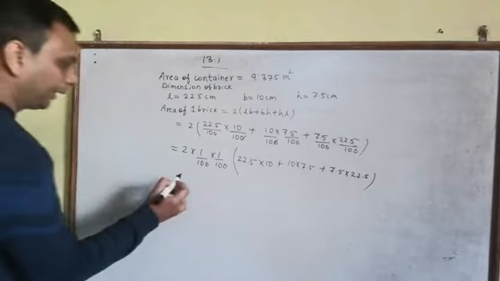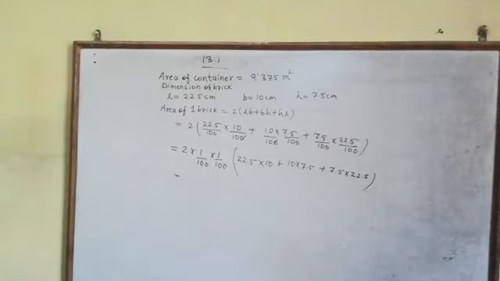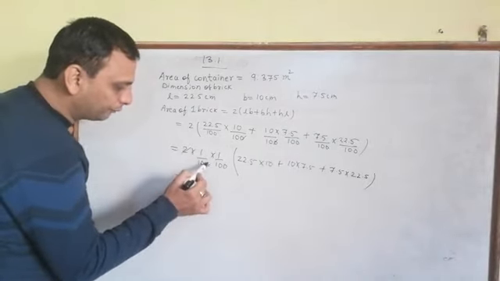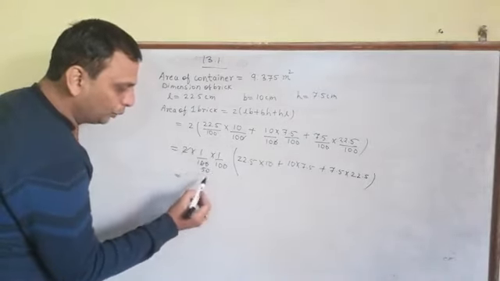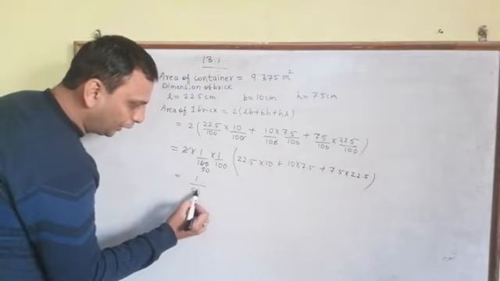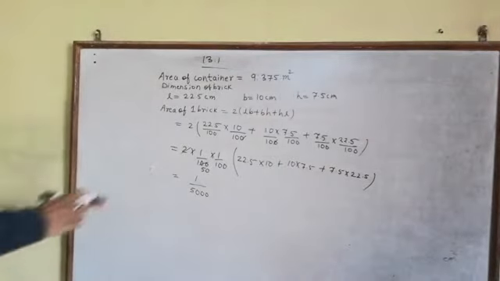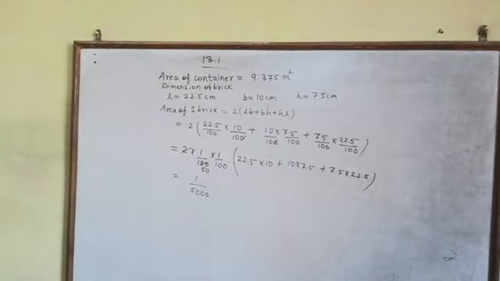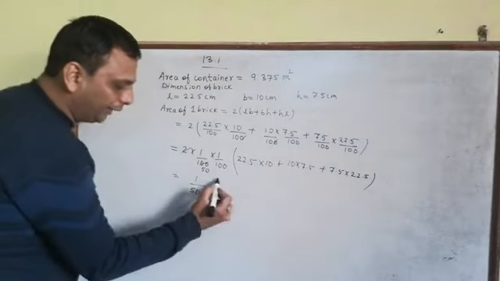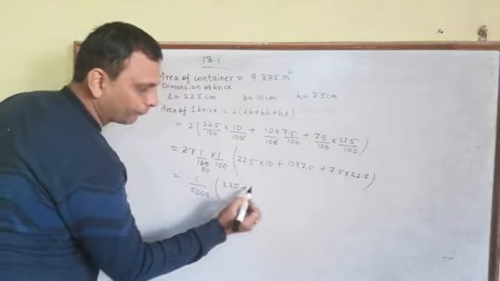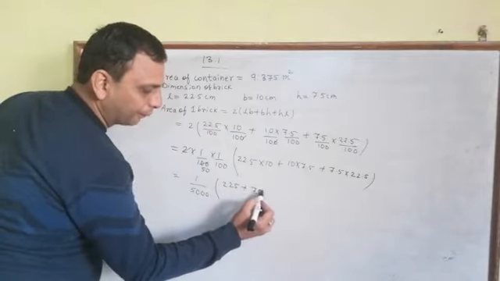Now when I multiply, 2 into 1 upon 10,000, the 2 will cancel with the 10,000 five thousand times, so we get 1 upon 5,000. Now multiply 22.5 into 10, which is 225. 10 multiplied by 7.5 is 75.